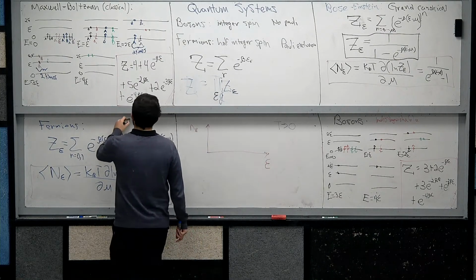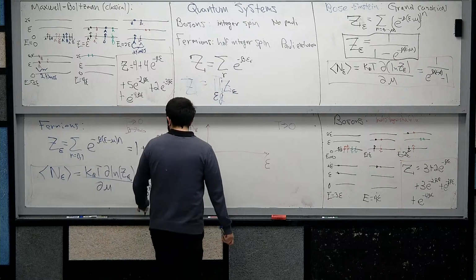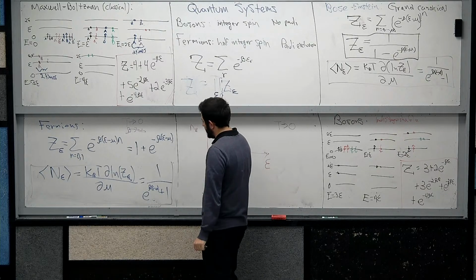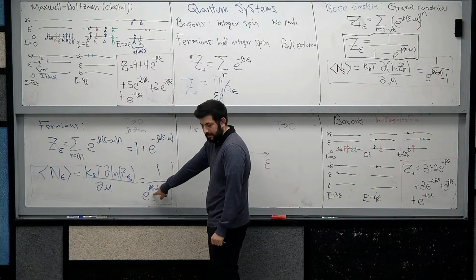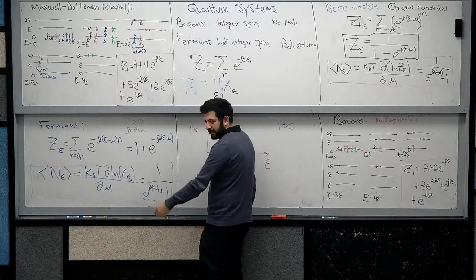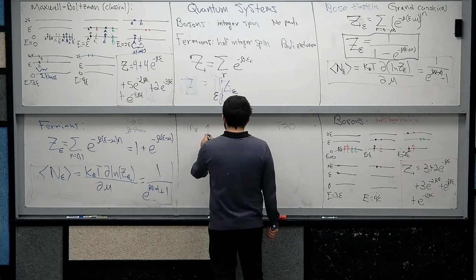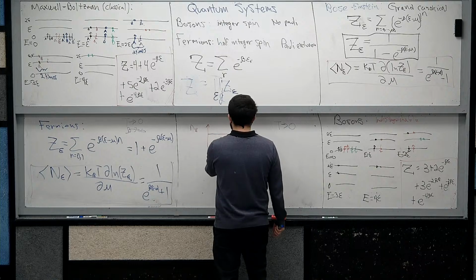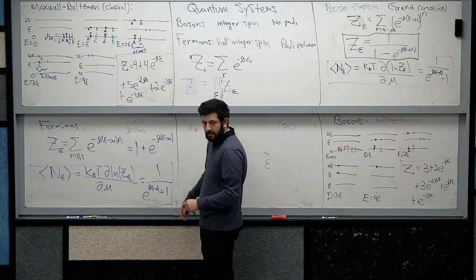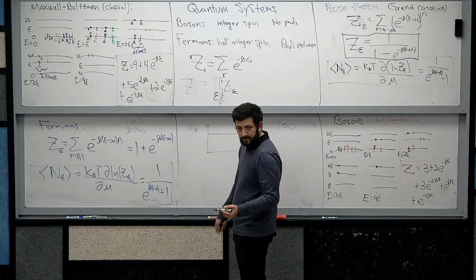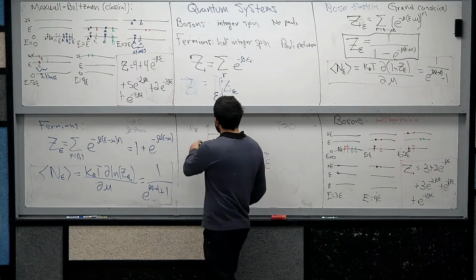As T goes to 0, beta goes to infinity, right. So here we have two limits, right? If mu is bigger than epsilon, then we would have just one. And if epsilon is bigger than mu, what will we have? 0. Right? So it's either 1 or 0.